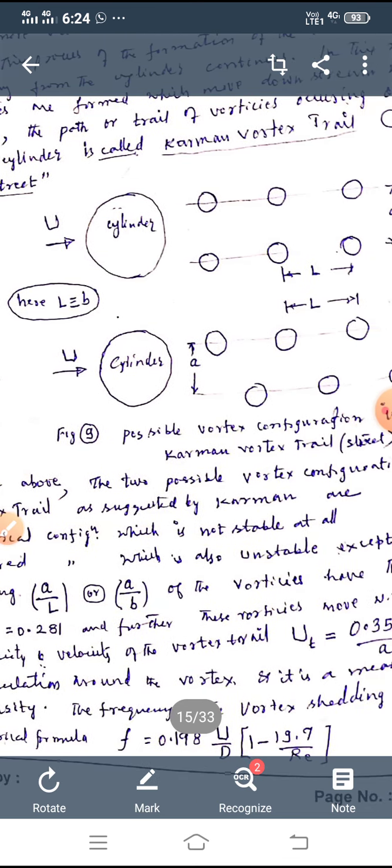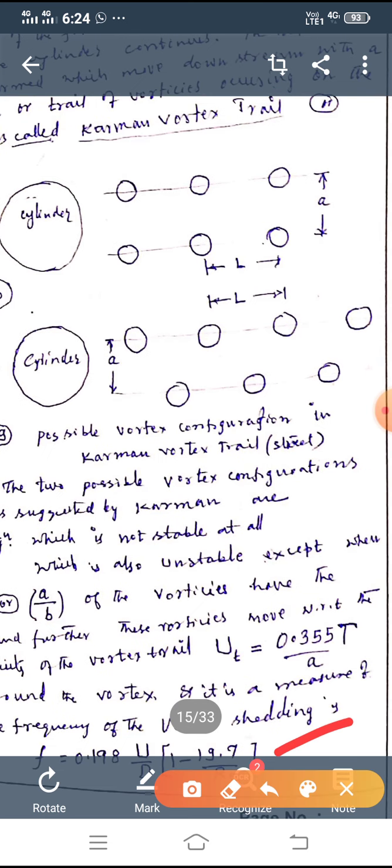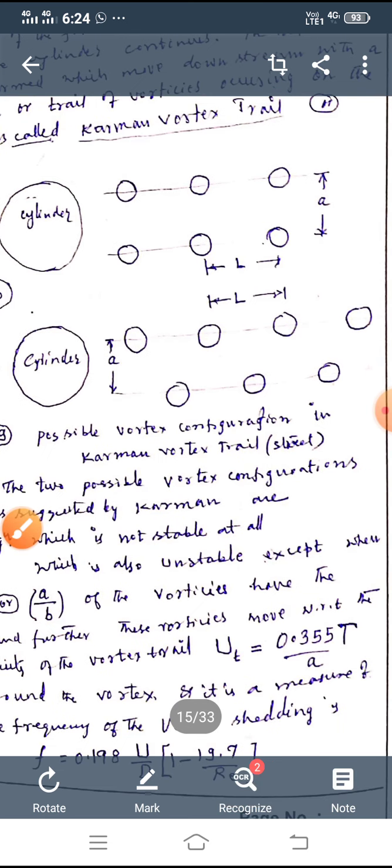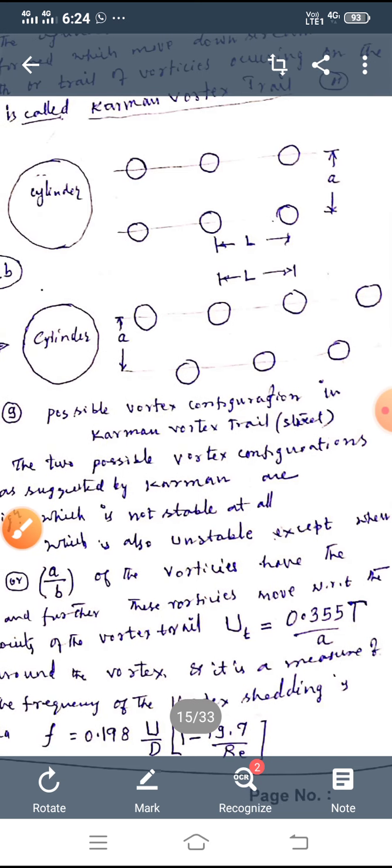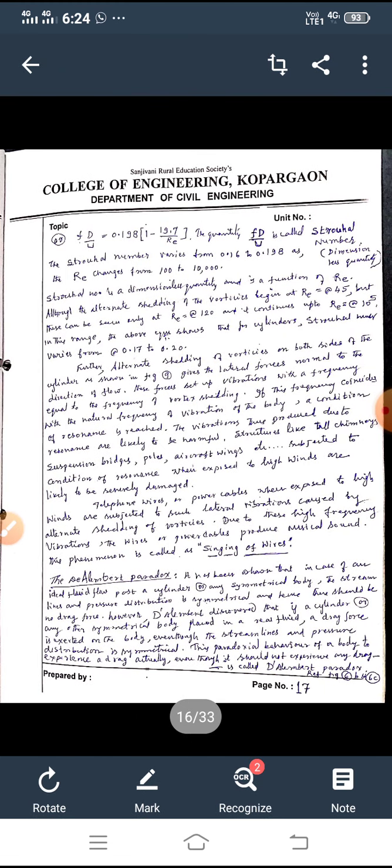The frequency of this vortex shedding is given by an empirical formula. F is equal to 0.198 U by D whole multiplied by 1 minus 19.7 divided by Re.